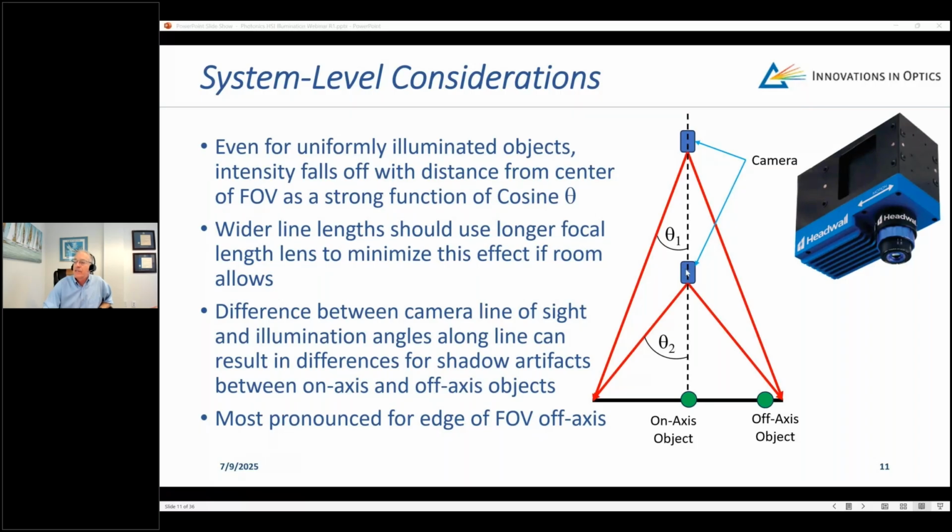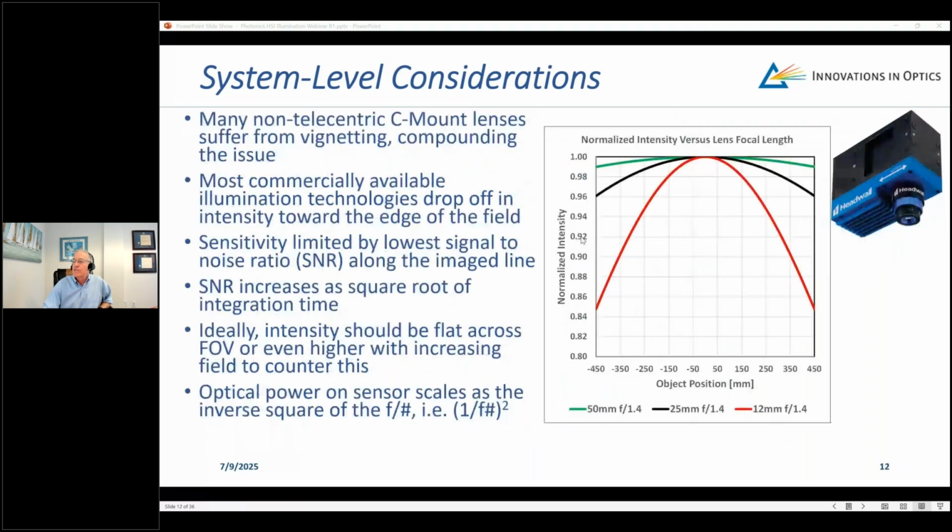And because the intensity fall off is a strong function of the cosine theta of that angle, generally it's better to use longer focal lengths where you can. And you can see this plotting the cosine to the fourth fall off for a shorter focal length. You see a drop towards the edge of the field.